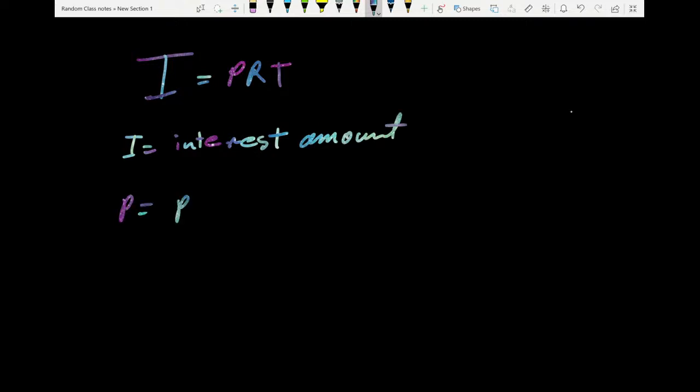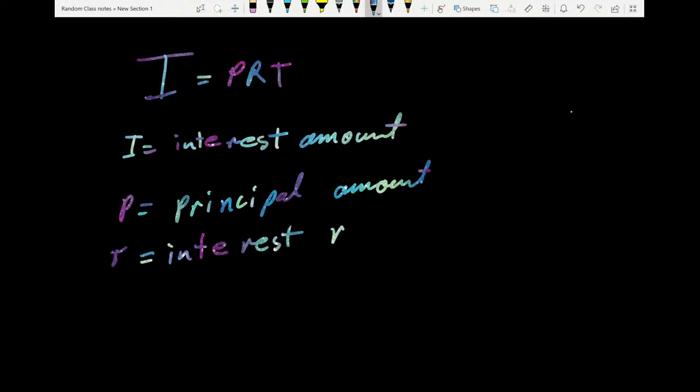P is the principal amount. R is the rate, the interest rate. And then T is time in years. So it has to be in years.